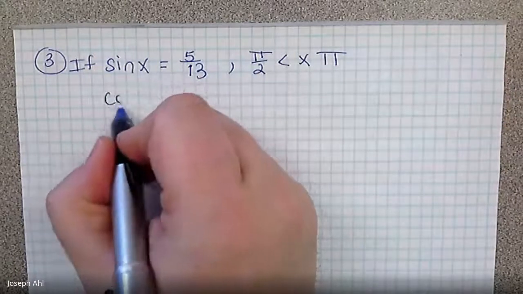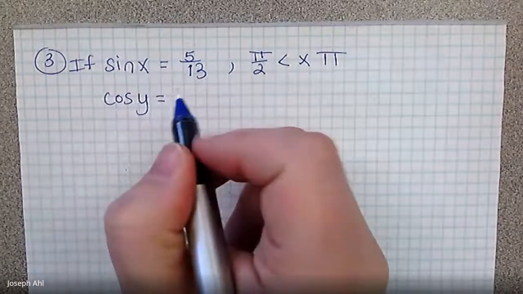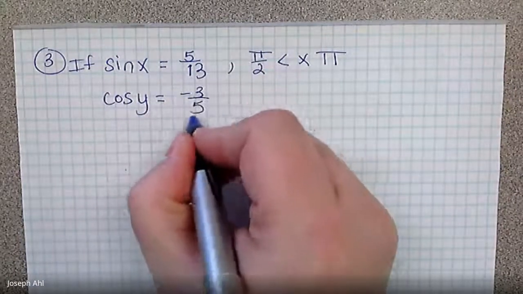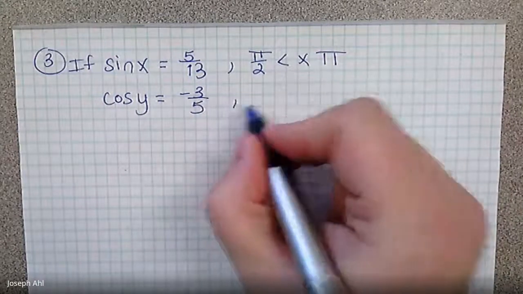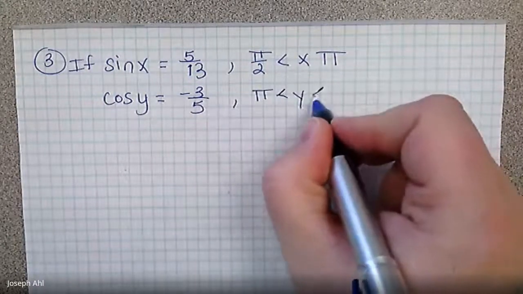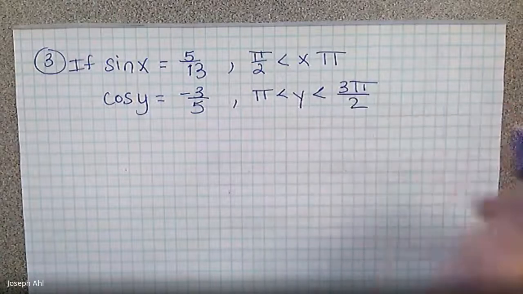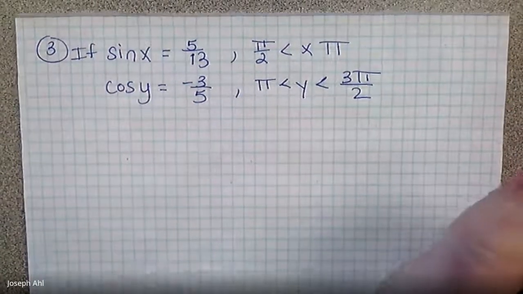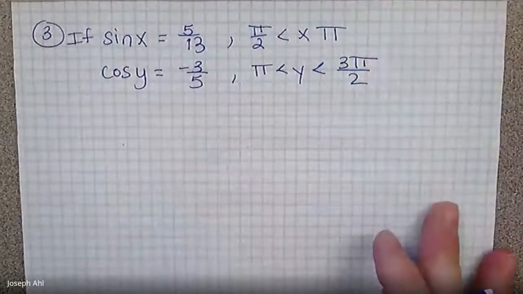Then cosine of angle y is -3/5, and y is an angle from pi to 3 pi over 2. We're going to find a bunch of information based on this, okay?